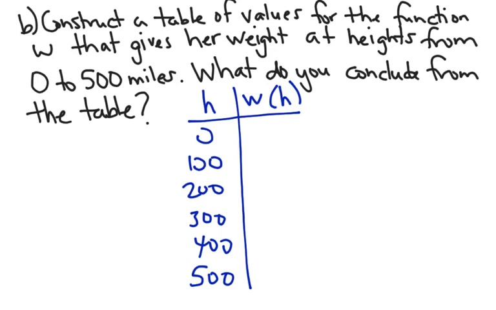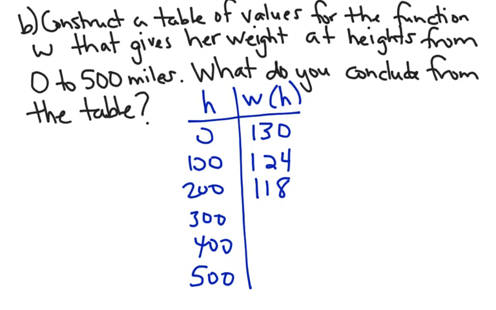So when her height is 0 miles above the Earth, she weighs 130 pounds. We found out when she was 100 miles above the Earth, she weighed 124 pounds. When she's 200 miles above the Earth, if you plug in 200 for h, you'll find out she's 118 pounds.